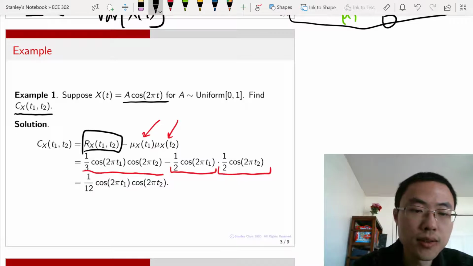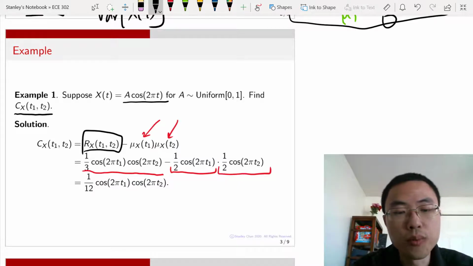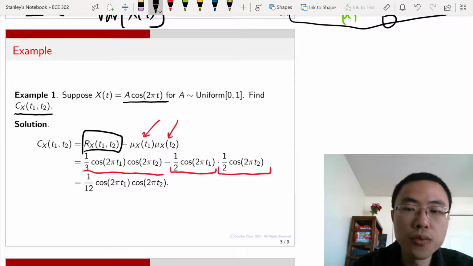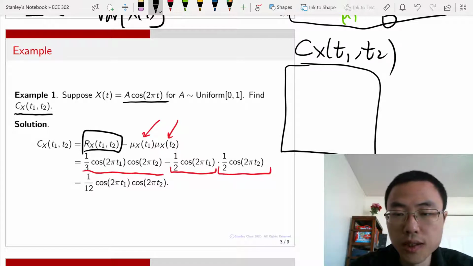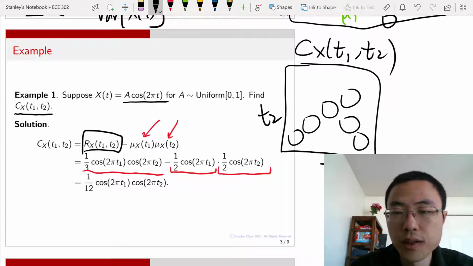Now recognize that this is almost in the exact same form as this autocorrelation function. And therefore, what you would expect to see for this autocovariance function, so this is Cx of t1 and t2, is a function of time t1 and time t2. You will have some pattern like what we have seen before.